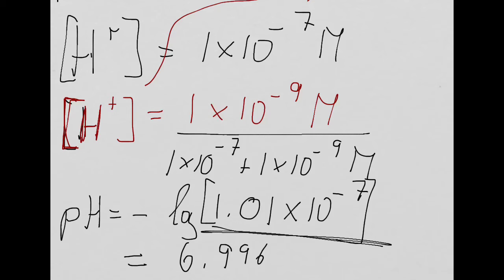So, the rule is, if it is in the range of micromolar or below, we have to calculate the water in. If it is above micromolar, it doesn't matter. The protons in the water are insignificant, because there are so few there that it doesn't matter. Does it make sense?